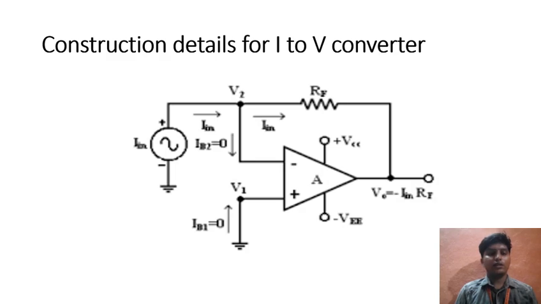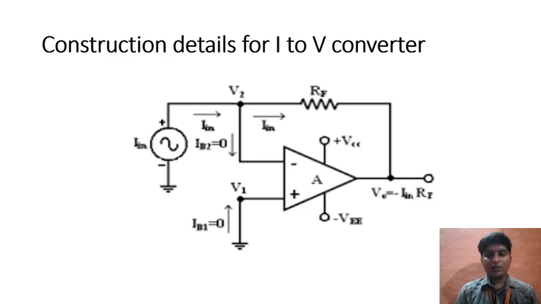We can see I in source, positive and negative. The positive is connected to the op-amp's negative input, and the negative is connected to RF, and the output is connected to terminal V naught.